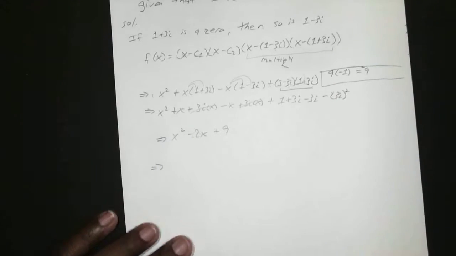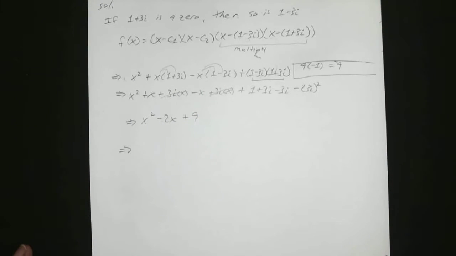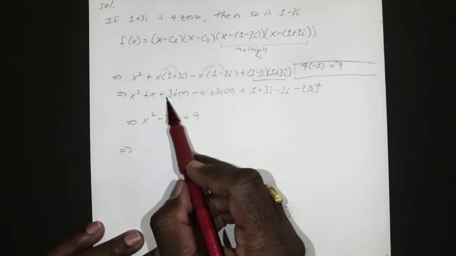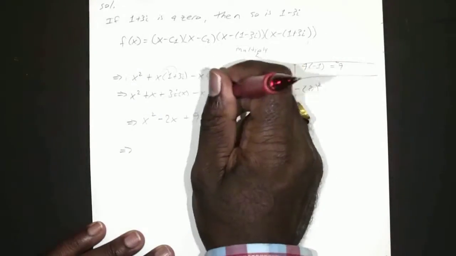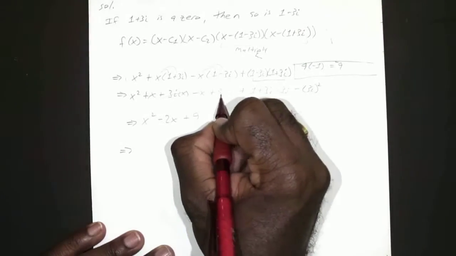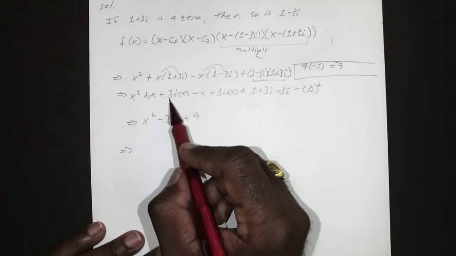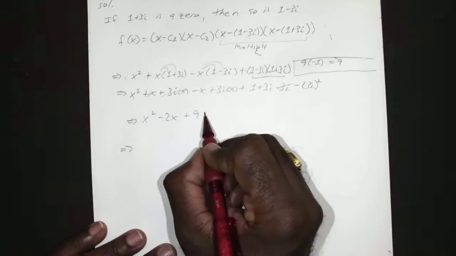There we go. Okay, that's better. All right, so now we have our plus 3i. So that shouldn't be crossed out just yet. Minus 3i and plus 3i cancels out.